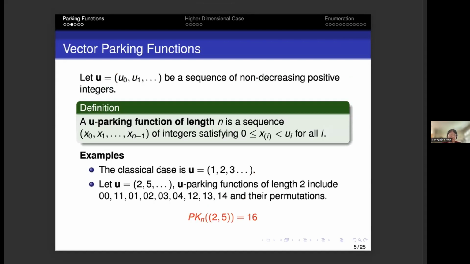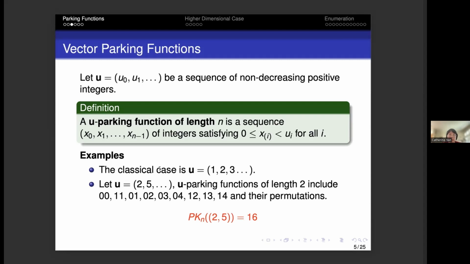There are many different generalizations of parking functions. I think the most straightforward, natural one is called a vector parking function, which depends on some parameter, which I call U, given as a sequence of non-decreasing positive integers.